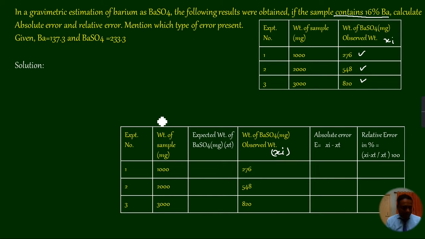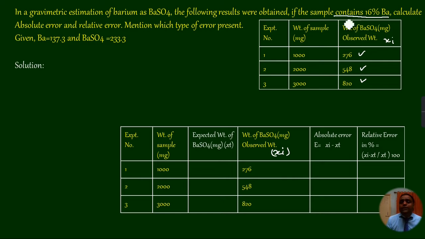As the sample contains 16% of barium and we have these weights of samples, we need to find out the amount of barium present in 1000 milligrams of sample. After that, we are going to convert that barium to barium sulfate, and then we will find the expected weight of the barium sulfate.